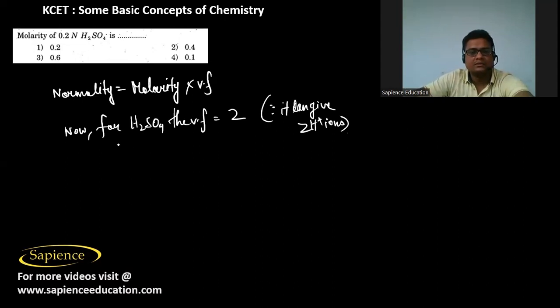Now therefore the normality, that is 0.2, will be equal to molarity into 2. So molarity will be equal to 0.1. Molarity of H2SO4 will be 0.1 only. So option 4 is the correct answer.